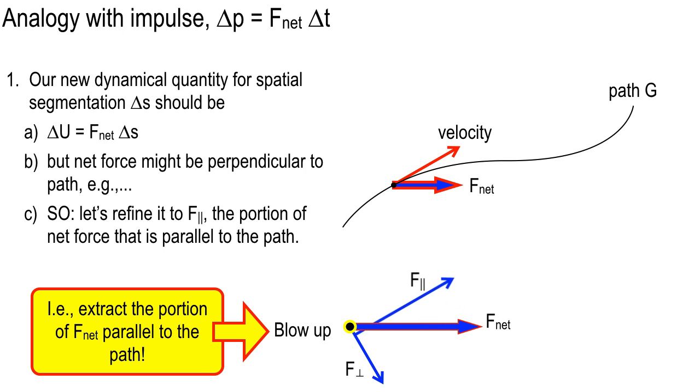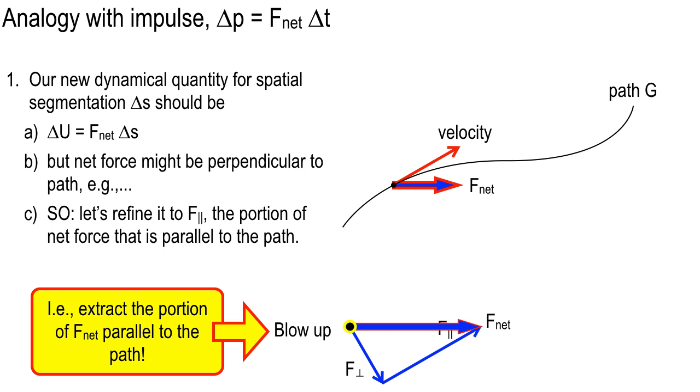All right, now I'm going to move F parallel back up to here. But here it is. So that's the portion that actually changes the speedometer. So make a note to yourself: F parallel changes the speedometer. F perpendicular does not change the speedometer. It changes the GPS heading.